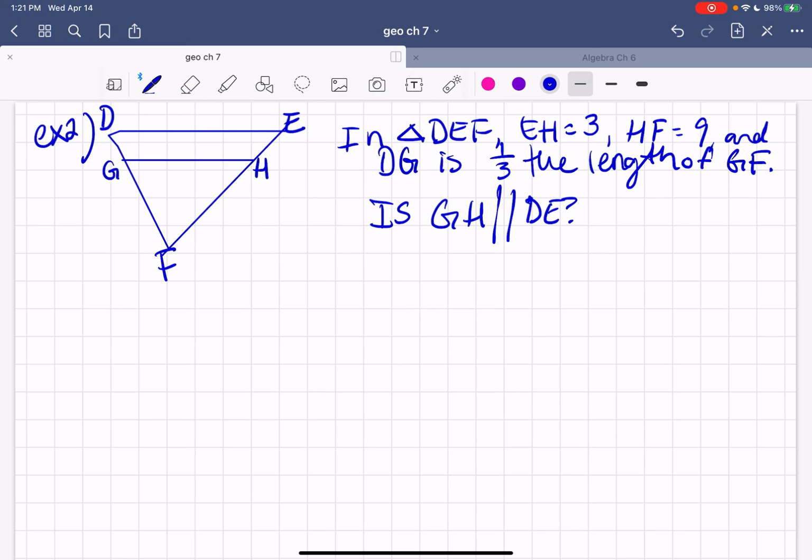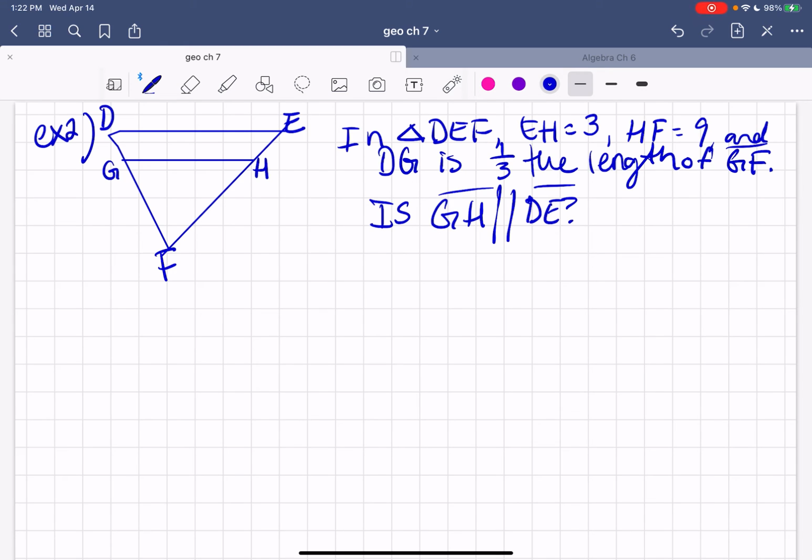Okay. So we have our two triangles. EH is 3, HF is 9, DG is a third of the length of GF. Ooh, mixing it up here. Are GH and DE parallel?